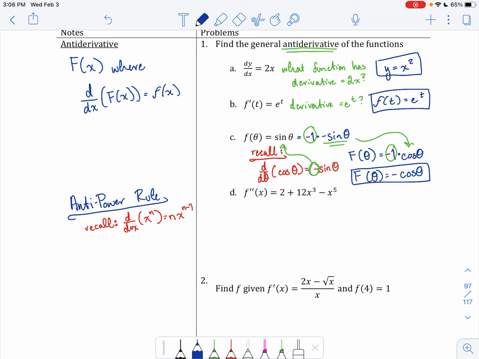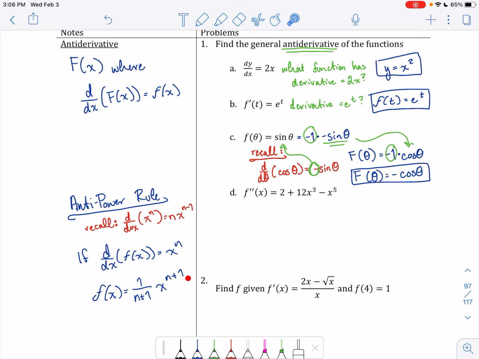That means that if the derivative of a function is equal to x to the n, then the antiderivative, so F by itself, F of x is equal to 1 over n plus 1 times x to the n plus 1. So the important part here is that when you differentiated, you subtracted 1.